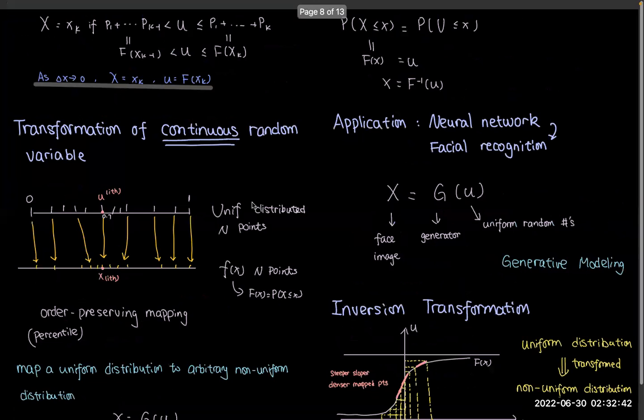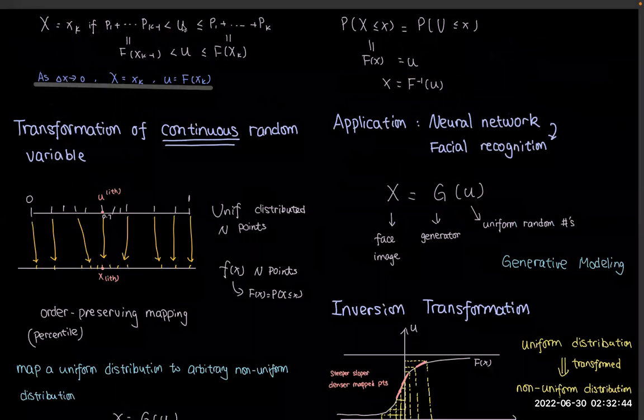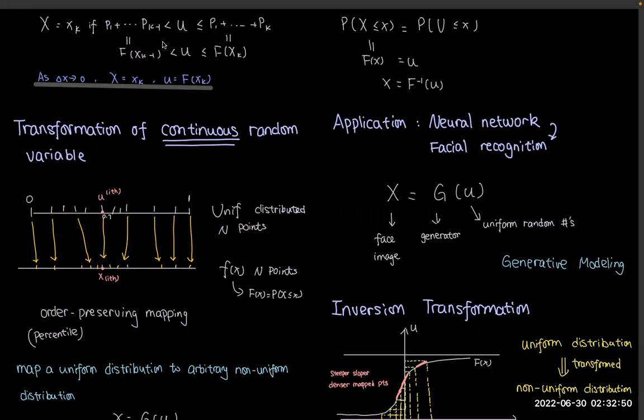By the same logic, we return xk if this u, the point that we throw onto the unit interval from 0 to 1, is bigger than p1 plus until p_{k-1}, but less than or equal to p1 plus until pk. Or in other words, if u is bigger than F(x_{k-1}), which is how we define big F, all the probabilities to the left of x_{k-1}, but less than or equal to F(xk).